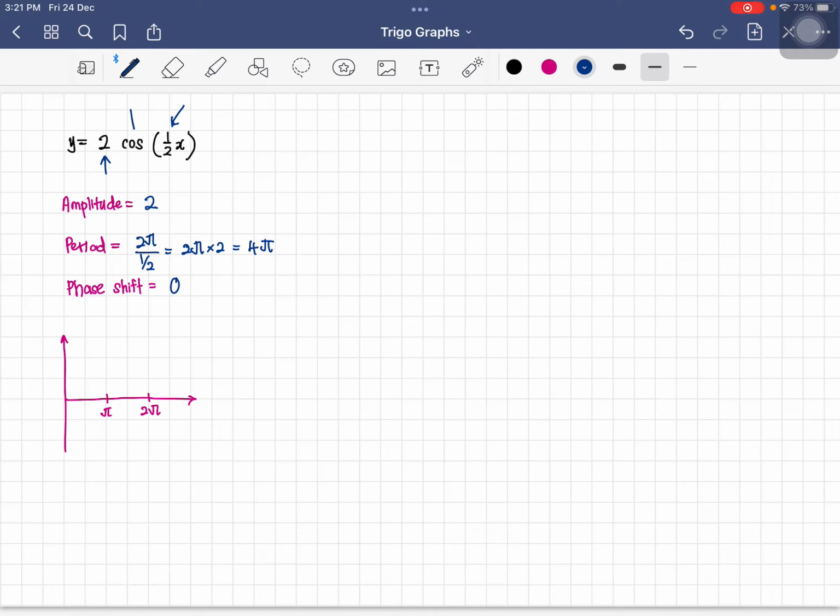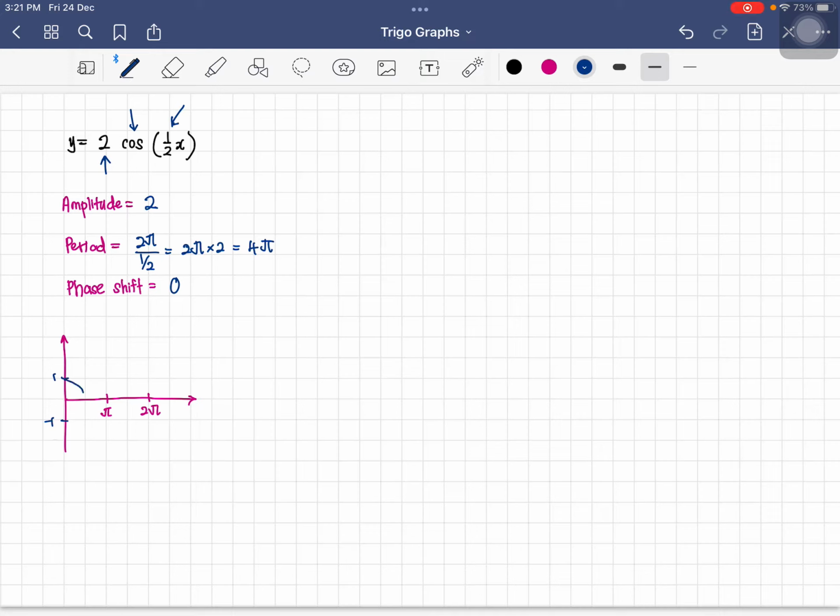Basically, we have to sketch the basic graph, which is cos of x. Suppose this is 1 and this is negative 1. So our cos of x will be something like this. Let me just use this one as 1 and this one as negative 1.